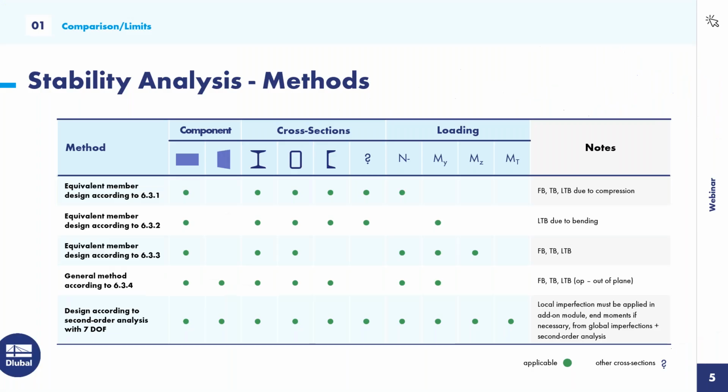So we go back to the PowerPoint slide one last time. A tapered beam means a non-uniform component. The cross section in our case here is an I-section. At the moment we've got compression and bending about the principal axis, and if I add bending about the weak axis, then the general method is not applicable anymore.